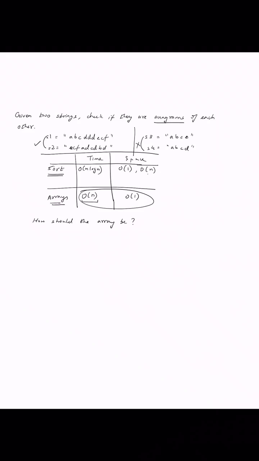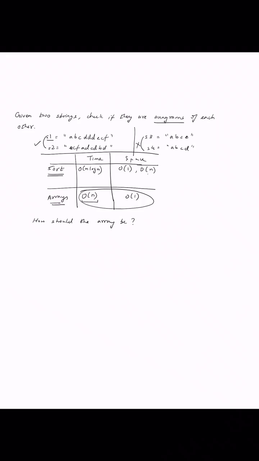Just to reiterate the use of the arrays here, we're essentially using the array to keep track of the counts of the number of occurrences of a character in a string. You do that for the first string, say in this case S1.